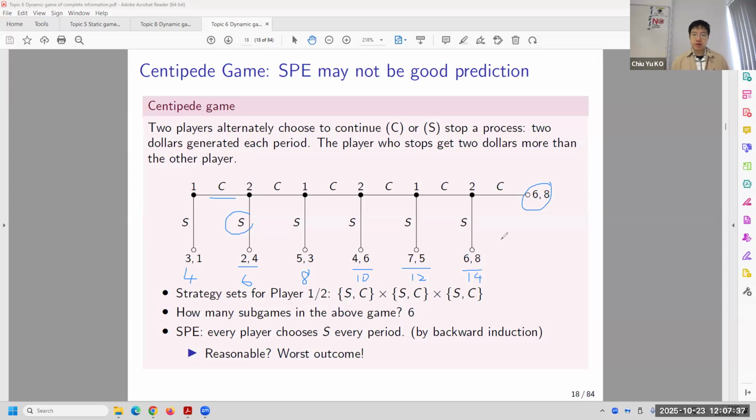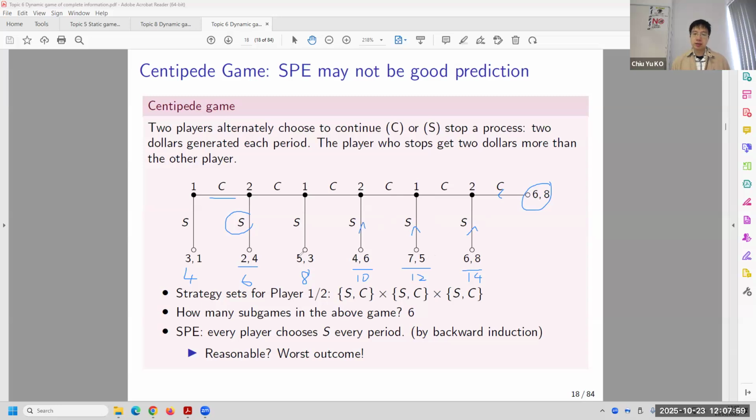So what is the subgame perfect equilibrium? Look at this one. Player 1 is moving here. Player 2 knows if he stops, he'll get 6. If he continues, he gets 5. So he stops.